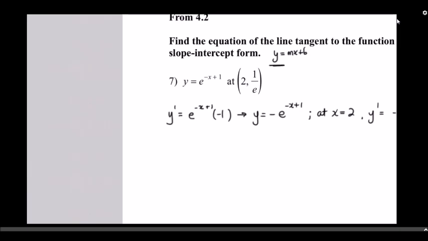So using this function here for y, we can use the value there, 1 over e. So 1 over e equals our slope times the x value here of 2 plus the unknown b value. And then just solve the equation.